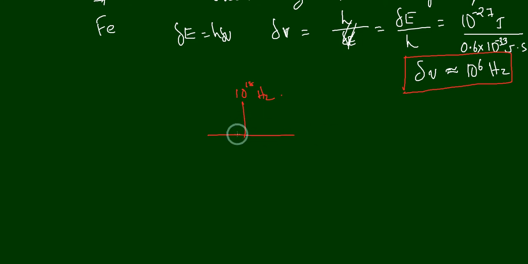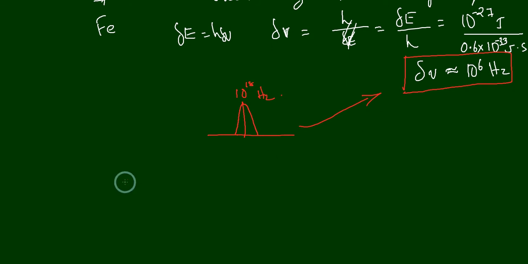Instead, it is going to be a band like this, because there is an uncertainty, and that uncertainty is 10^6 hertz. So we will get a line width of almost 10^6 hertz. Instead of getting a sharp frequency, we will get a band, and the line width is almost in the range of 10^6 hertz.